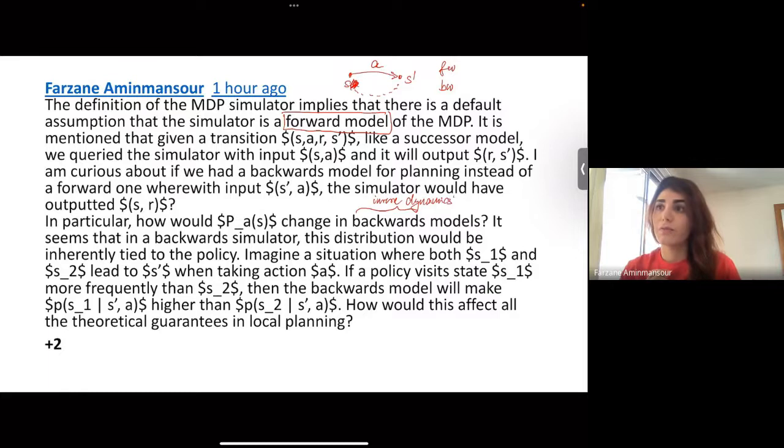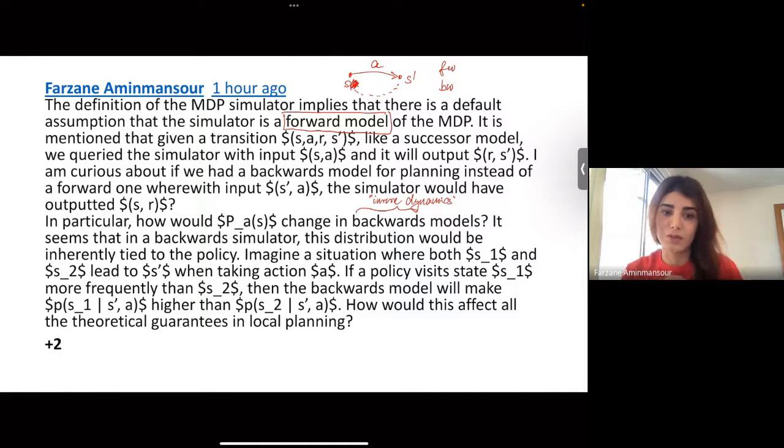For a forward model, it's pretty straightforward, because if we are looking for a distribution model, we are saying that the probability of S prime and reward given state S and action A would tell us what would be the next state and reward, right? But for backward models, we might have more than one state taking the same action and going to next state S prime, right?